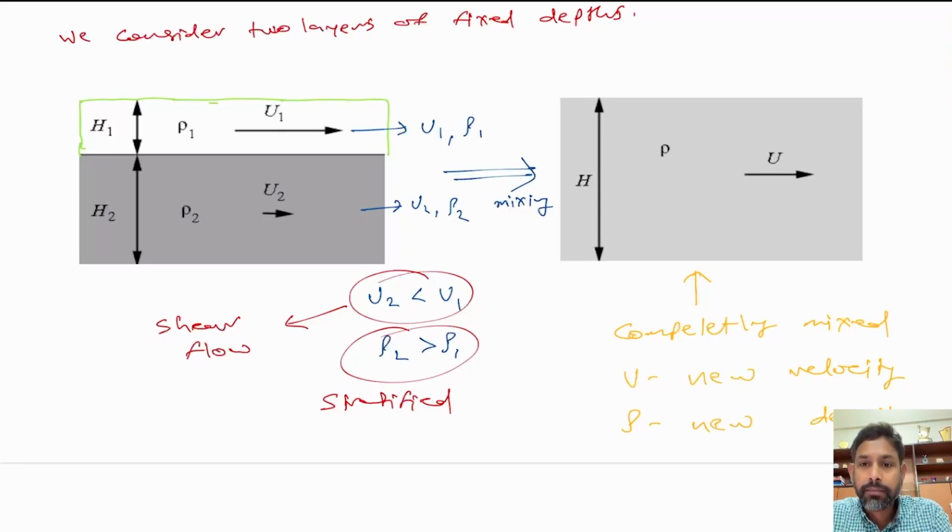Which are basically the velocity and density of the completely mixed layer, right?